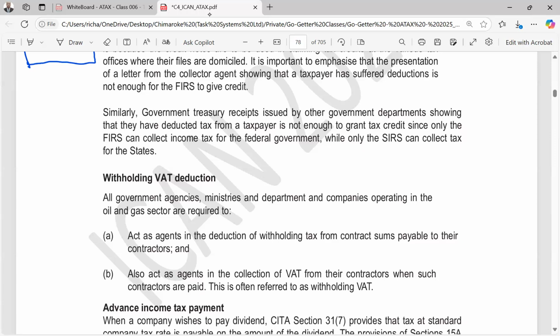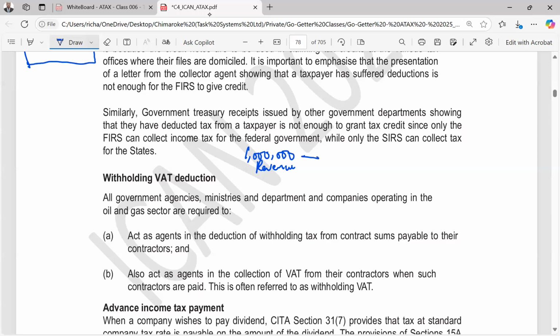Now, normally, if you go to a ministry and you do a contract of 1 million naira, this is what you are supposed to get from government. This is 1 million naira. That is your revenue. I hope you know the meaning of revenue. This is your raw revenue without any taxes attached to it.